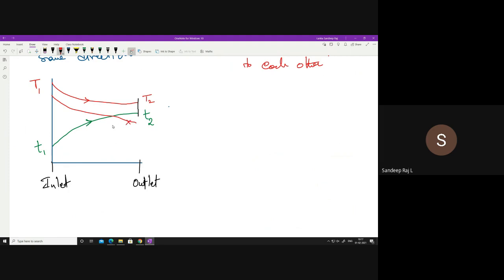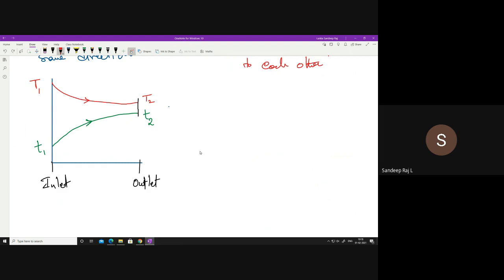They may reach this point, that is the thermal equilibrium point, but beyond this thermal equilibrium point it is not possible. That is an impossible process according to the laws of thermodynamics. So this is to be kept in mind. That is the temperature profile variation in case of your parallel flow heat exchanger.